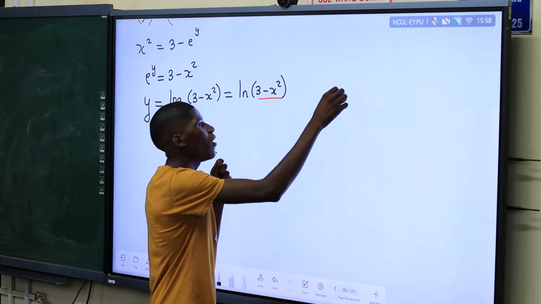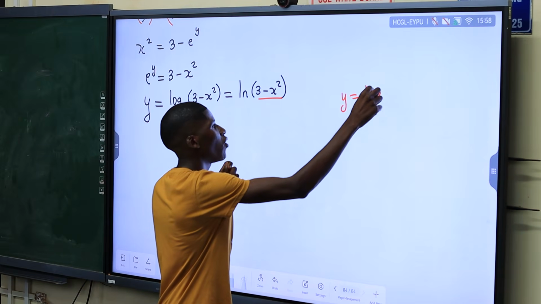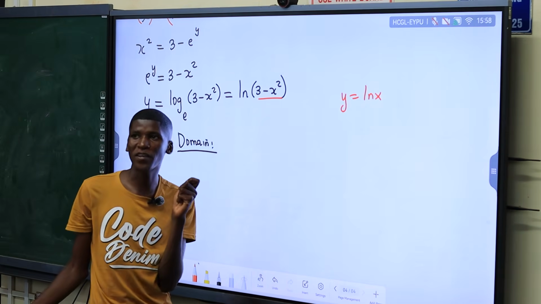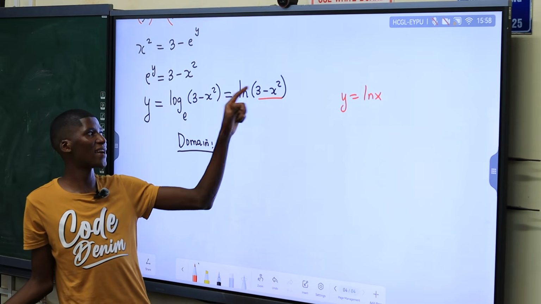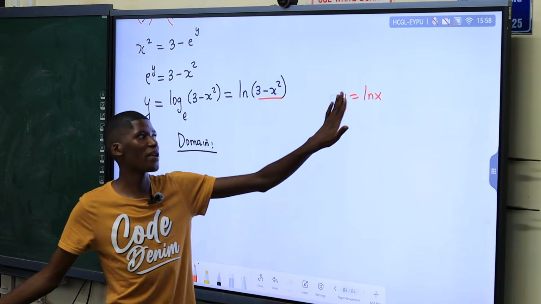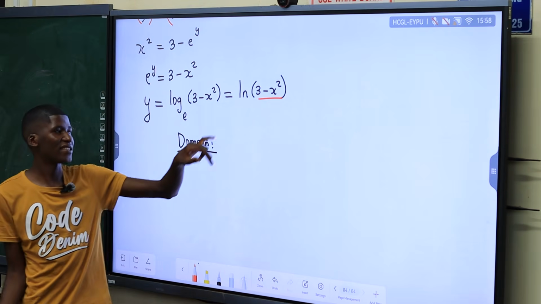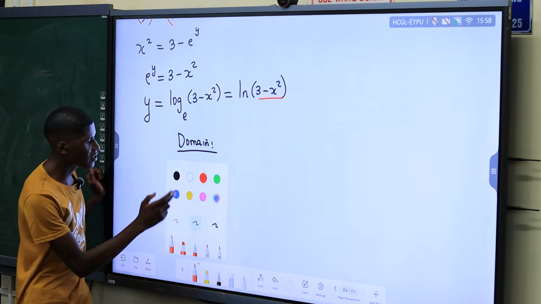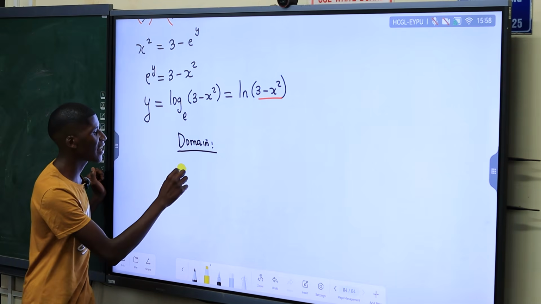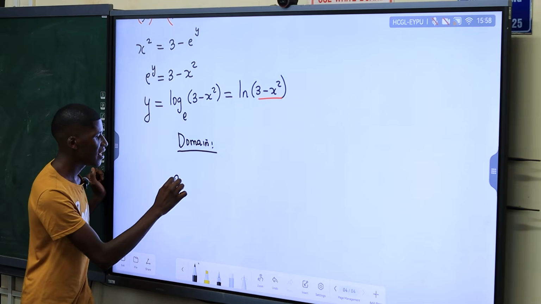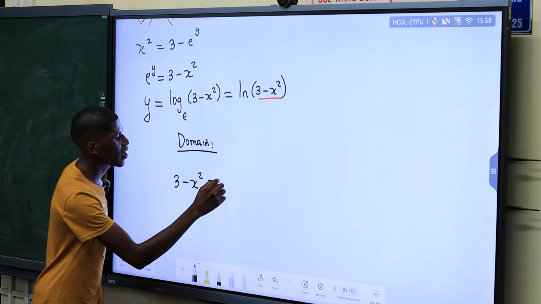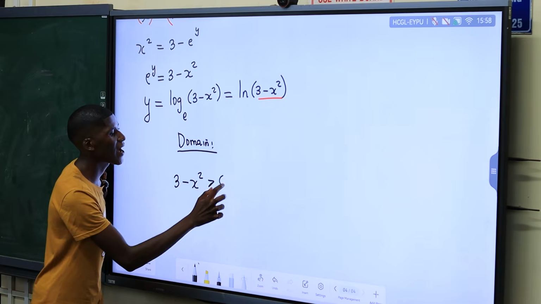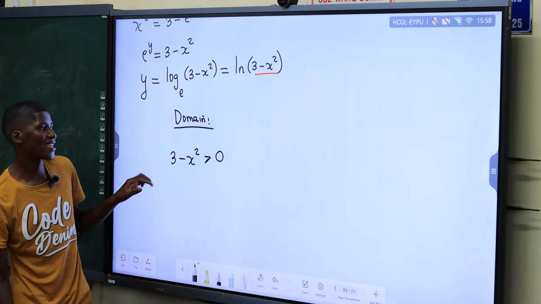That is the domain of y is equal to ln of x, but for ln of 3 minus x squared it won't give you x is greater than 0. So whatever expression is inside the ln must be strictly greater than 0.